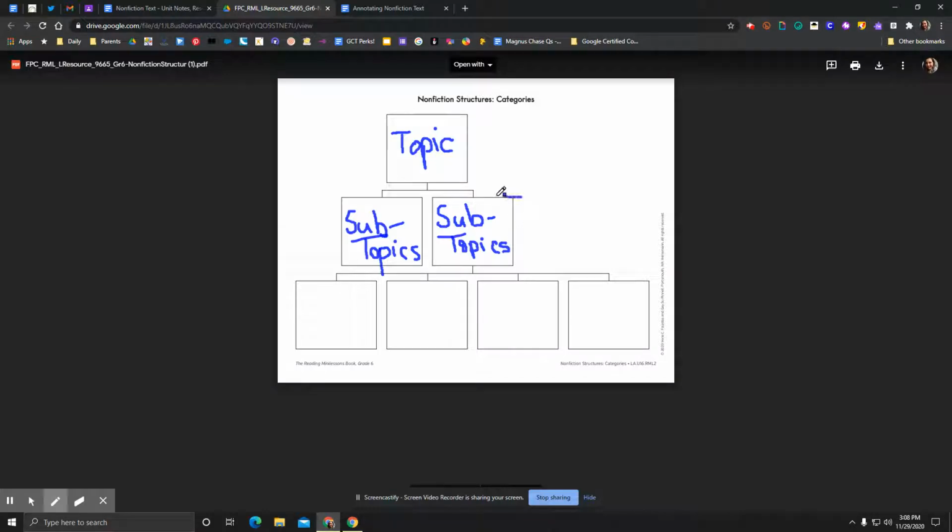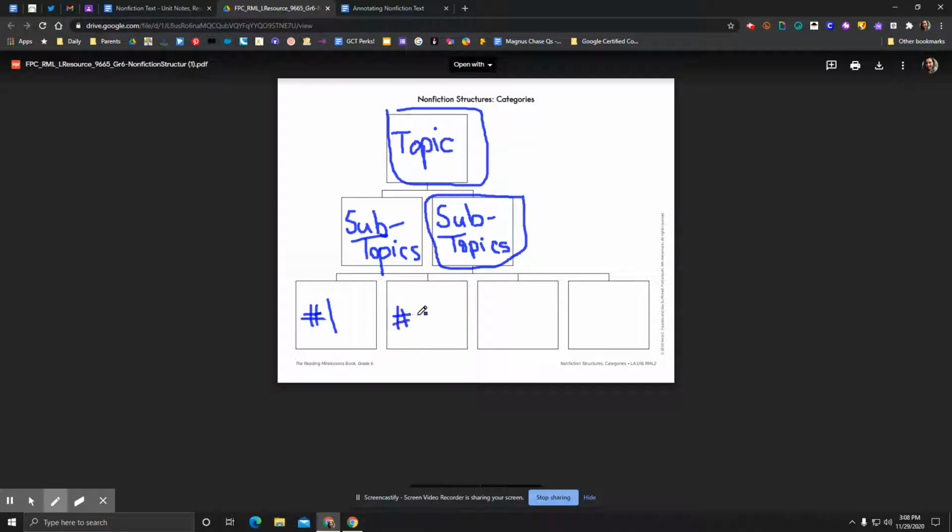And then within this one, I'm going to focus here. So my topic, my physical characteristics, let's say that's it. Within that, I might have multiple points that I make. Multiple points that I'm going to make.